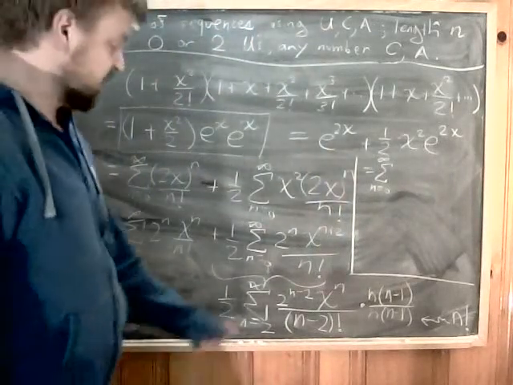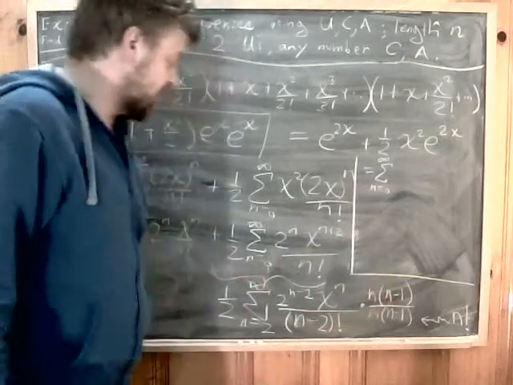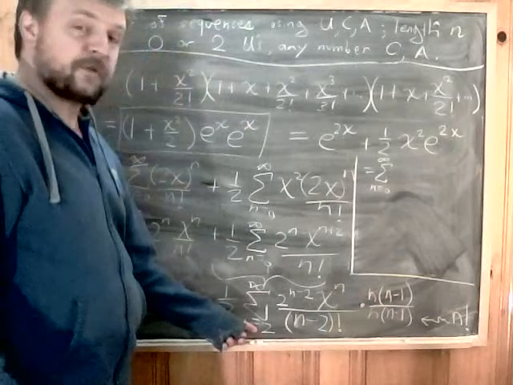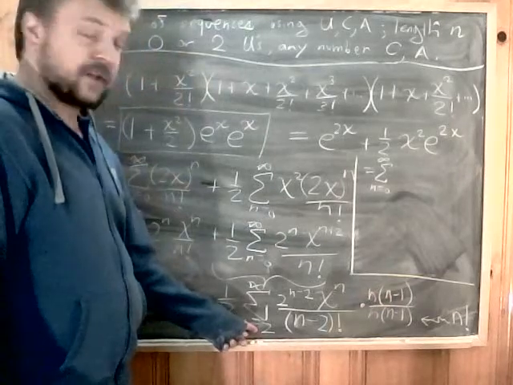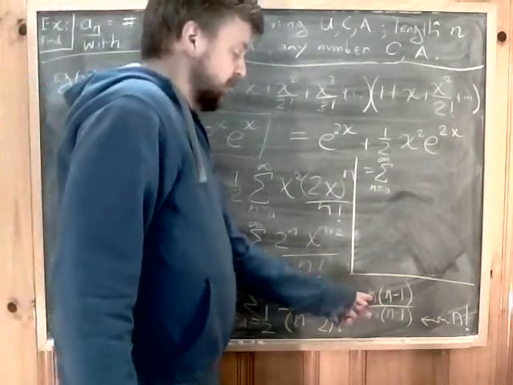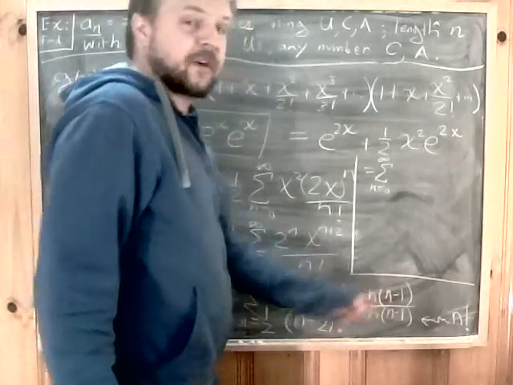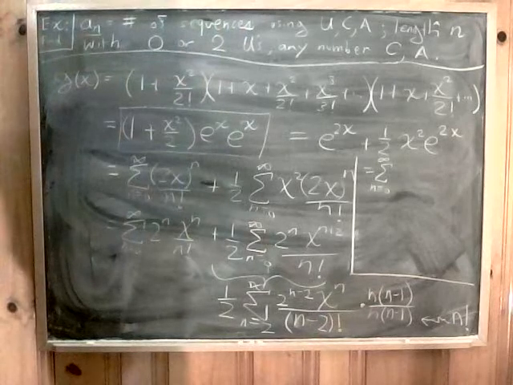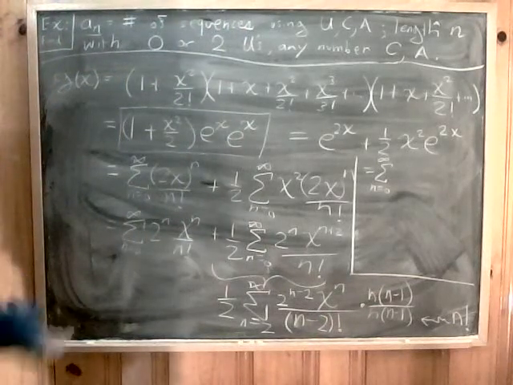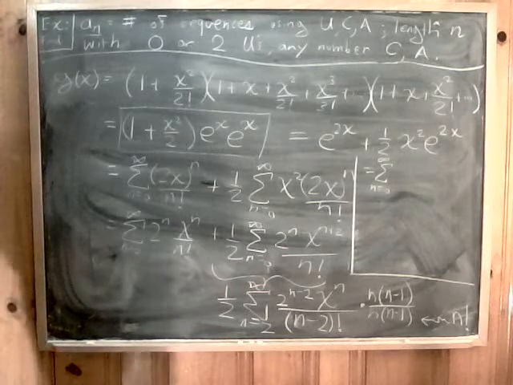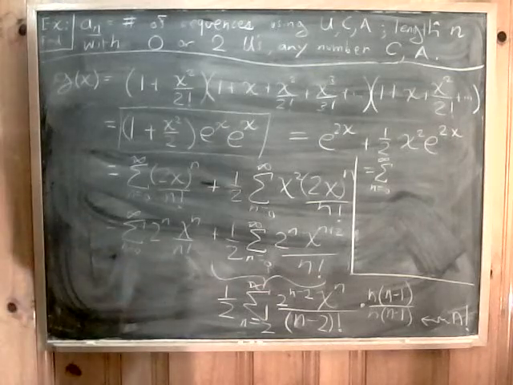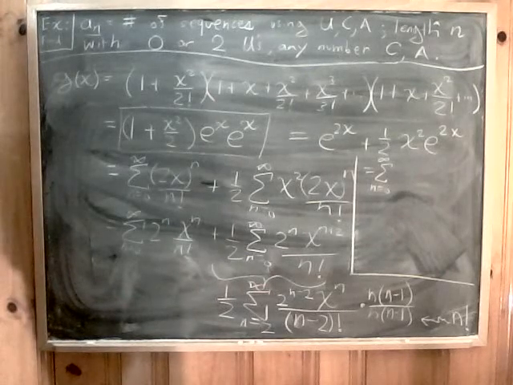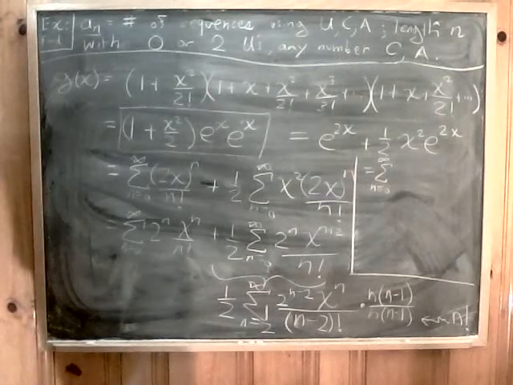Now that I have n times n minus 1 here, when I plug in, if I wanted to plug in a 2, that would be fine, but I can also plug in a 0 or a 1. 0 makes the top 0, 1 makes the top 0, and instead of plugging in 0 or 1 won't change the output, just adding 0 on. So I can write the entire thing as a summation 0 to infinity. And then I am kind of skipping a step here to save space. I should definitely go double check by plugging in some numbers.